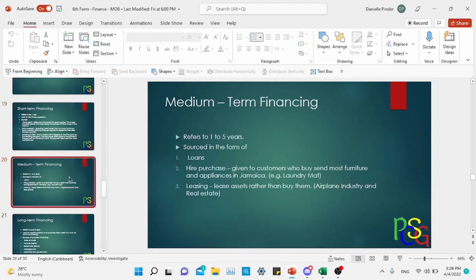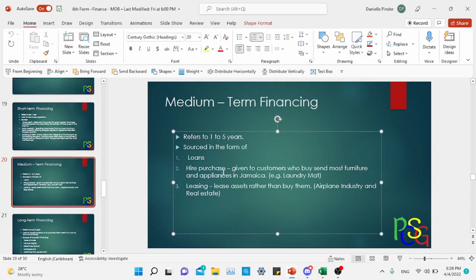And then for medium term, as you said, it is 1 year, but less than 5 years, and it can be in the form of loans, hire purchase, specifically when you're buying furniture or any house appliances or anything like that, right?